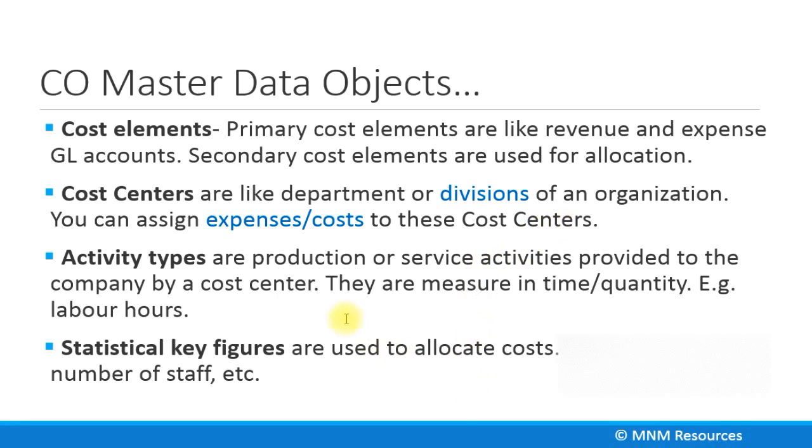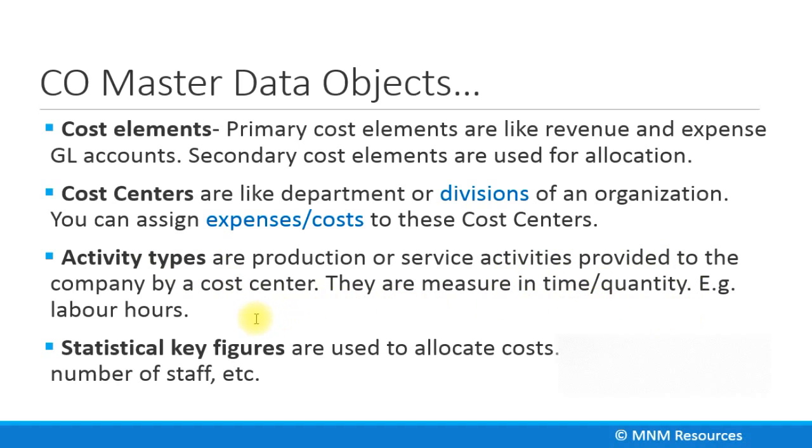You have another CO master data object called activity types. These are production or service activities provided to the company by a cost center. For example, you might have a maintenance cost center, and the activity types from that maintenance cost center might be labor. And these activity types are measured in either time or quantity.